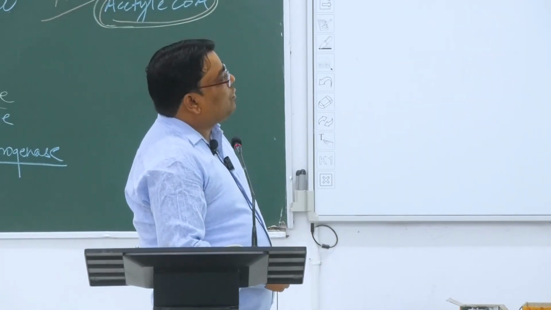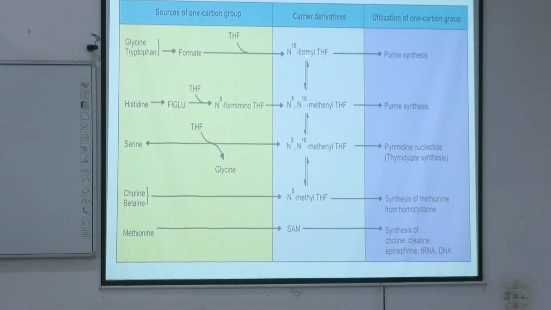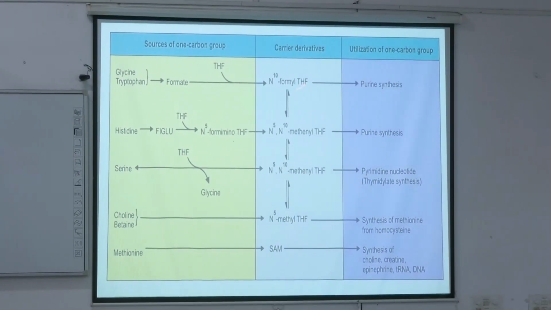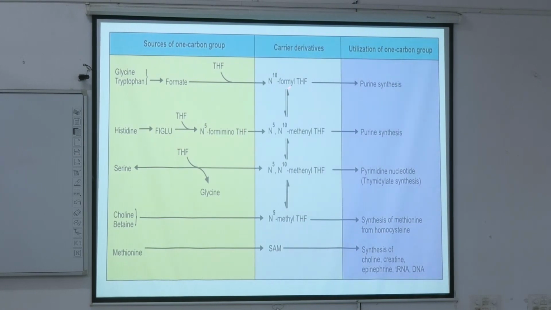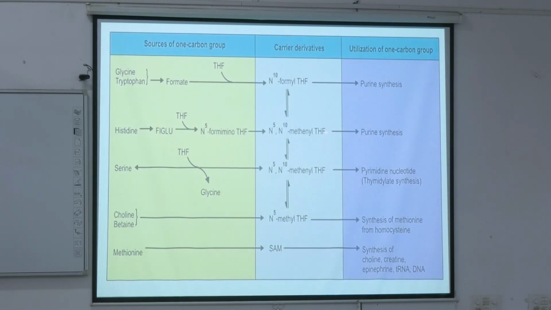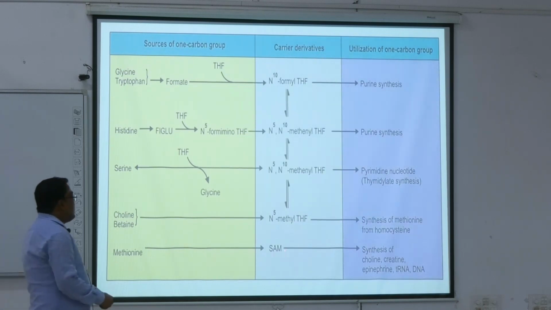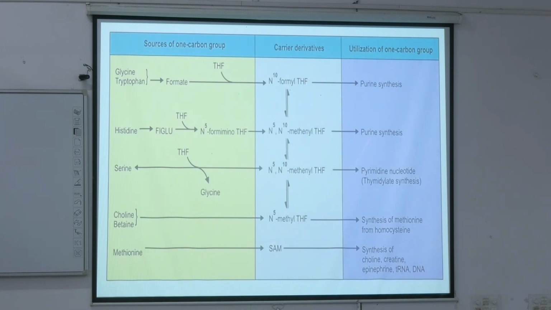Now you will see the sources of one carbon groups: glycine, serine, tryptophan, which form formate, methylene group, methyl group, and SAM, S-adenosyl methionine. These form carrier derivatives.